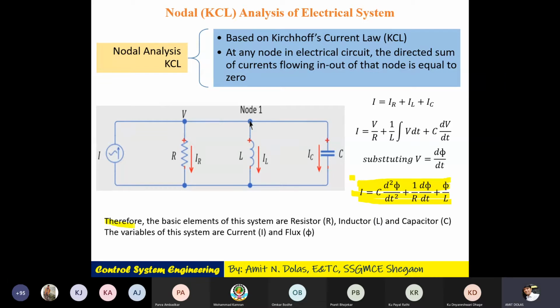Therefore, the basic elements of the system are R, L and C, and the variables of the system are current and flux.